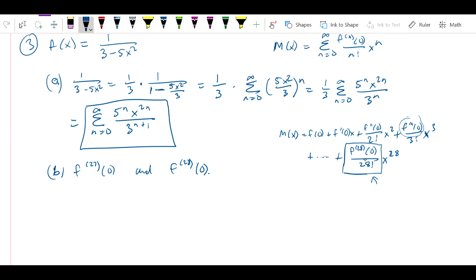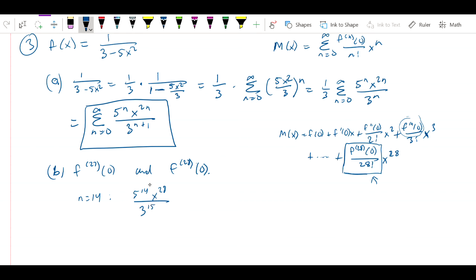So what I want to do is plug in n equals 14. That's going to give me 5 to the 14 x to the 28 over 3 to the 14 plus 1, which is 15. So this is the term that has the 28th power of x.